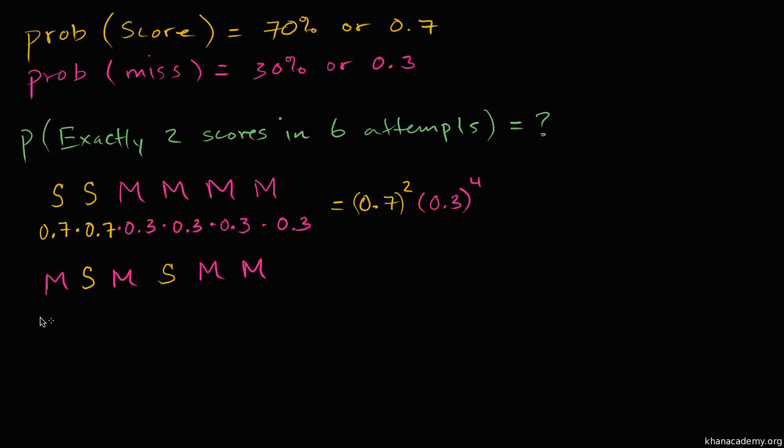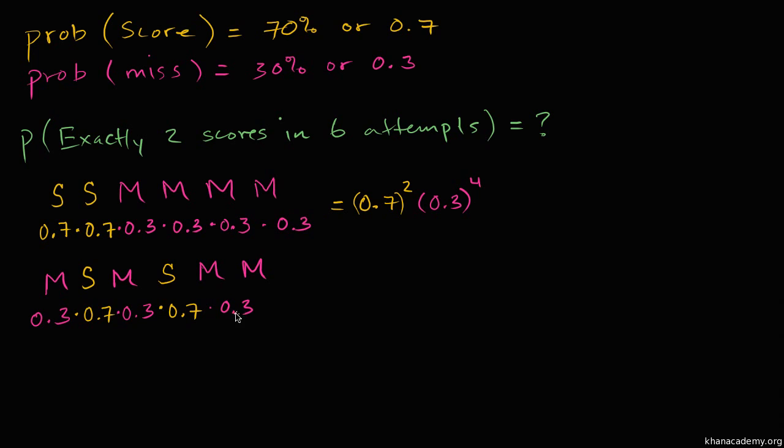This is going to be 0.3 times 0.7. You have a 30% chance of missing the first one, a 70% chance of making the second one, and then times 0.3, 30% chance of missing the third, times a 70% chance of making the 4th, times a 30% chance for each of the next 2 misses.